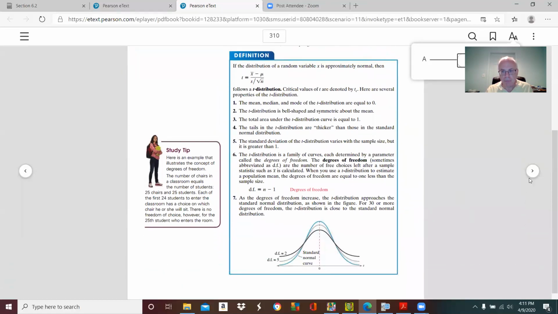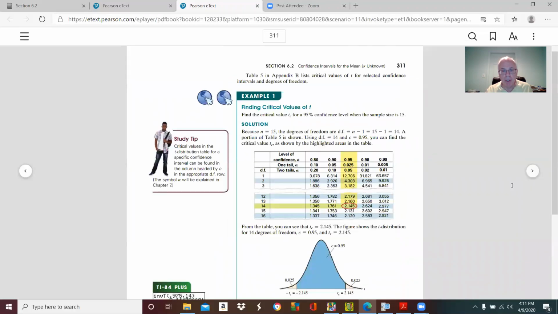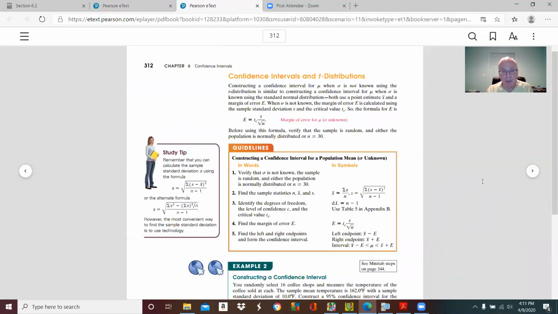Okay. Now, why do we want to use the t-distribution? The reason we want to use the t-distribution is if we did not know the population standard deviation. If you remember in section 6.1, just a couple minutes ago, when we looked at the margin of error, we had z times sigma divided by the square root of n as the margin of error.